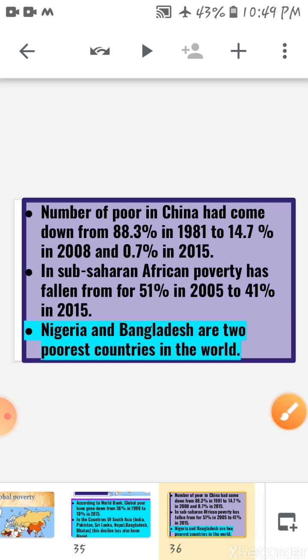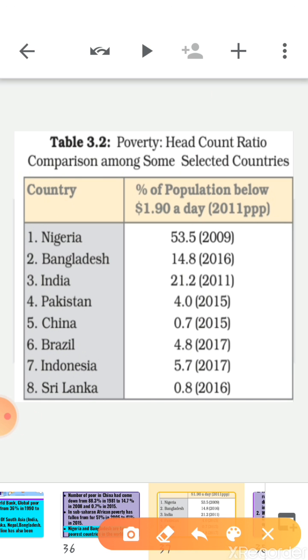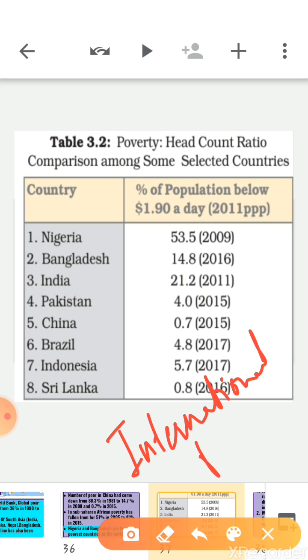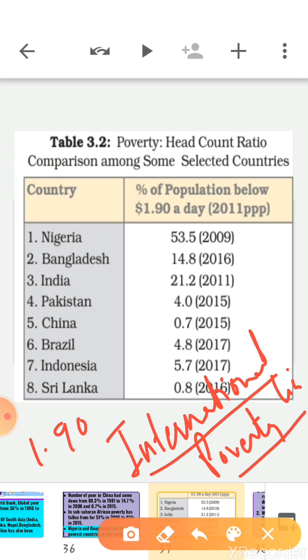Here is the table. This table shows the proportion of people living under poverty in different countries as defined by the International Poverty Line, meaning population below 1.90 dollars a day.